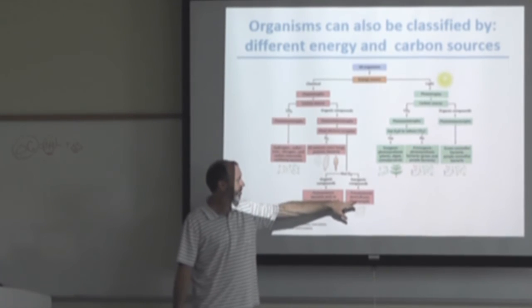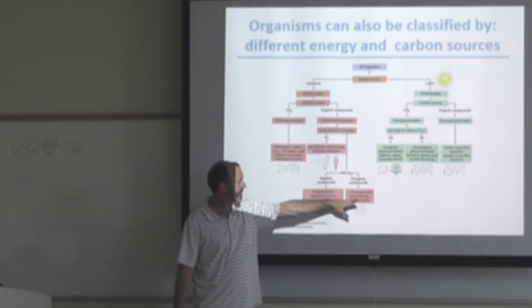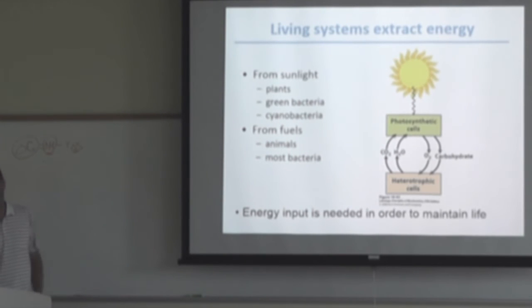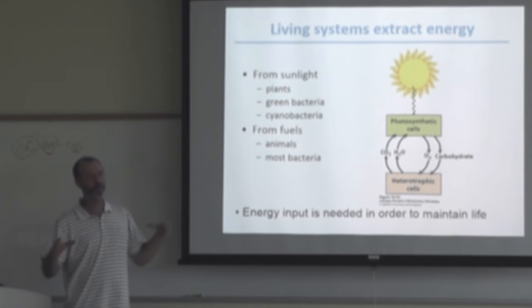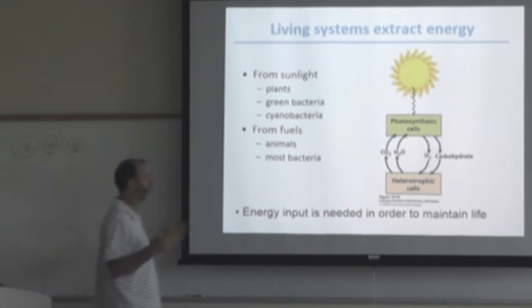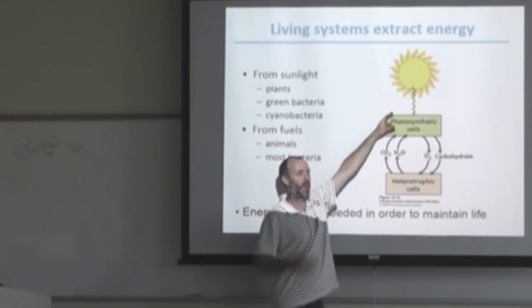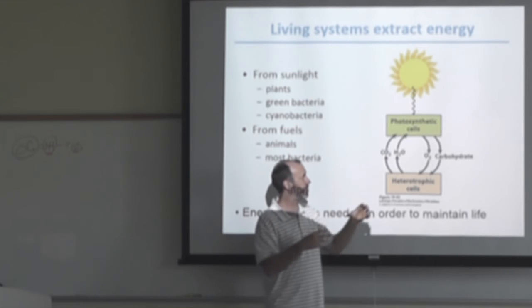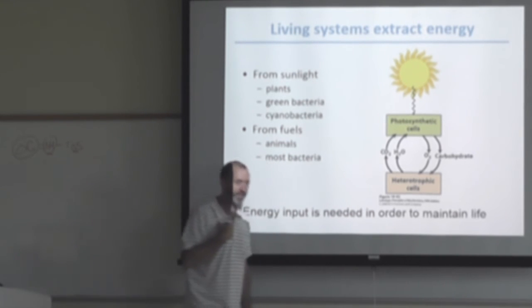Or inorganic compounds, such as Pseudomonas denitrificans. For example, they'll use nitrogen. Things like that. And this is just living systems. We extract energy. All in all, for the most part, Earth's living systems get most of their energy from the sun. There are organisms that extract it from geothermal energy sources, but for the most part, our energy is coming from the sun.